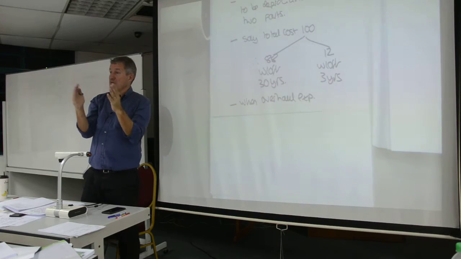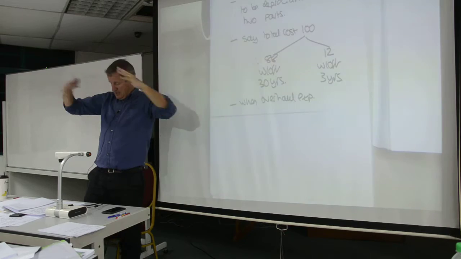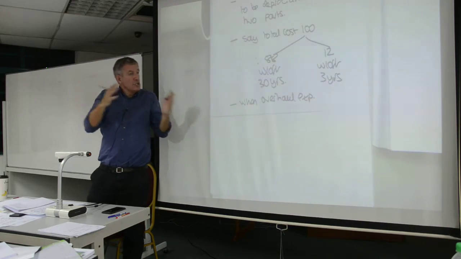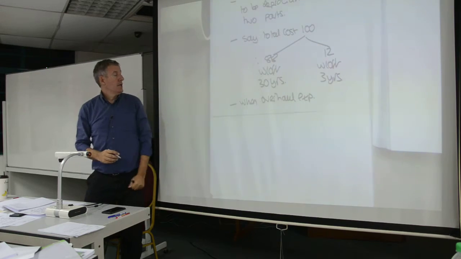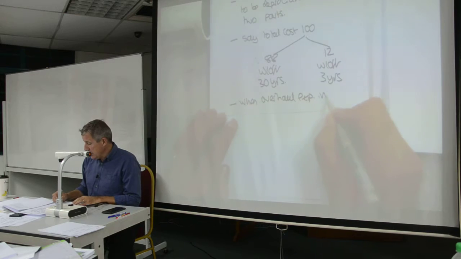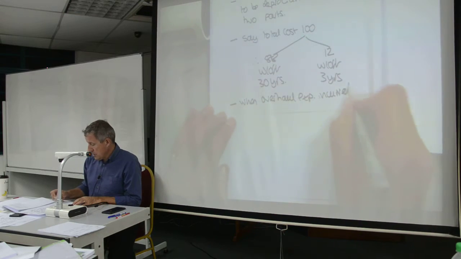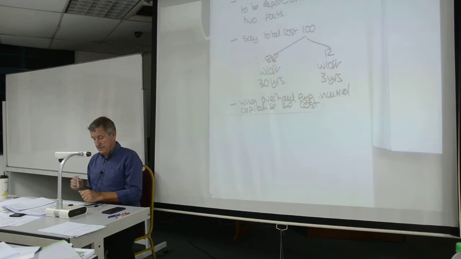That part of the asset only has a life of 3 years, but the building, the fabric, has a life of 30 years. So you're not making a provision for the cost of buying the new furniture. So when the overhaul expenditure is incurred, capitalize the cost.